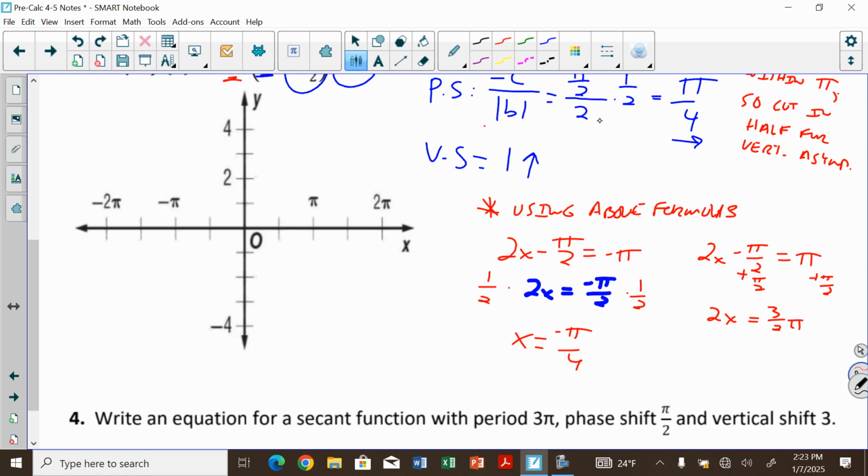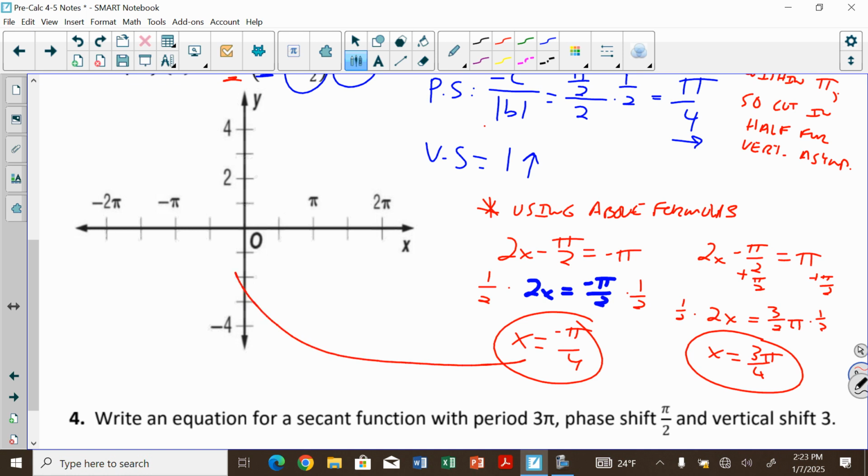And then multiplying by 1/2 or dividing by 2 gives me x equals 3/4 pi. So these are my vertical asymptotes. When I do this one, I have to draw them in there. I've got negative pi over 4, which is going to go over here.